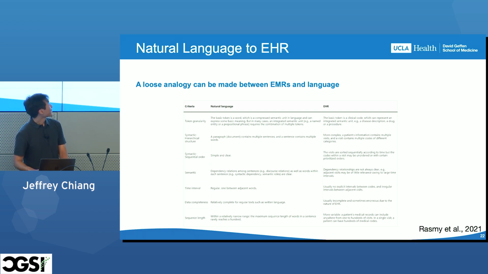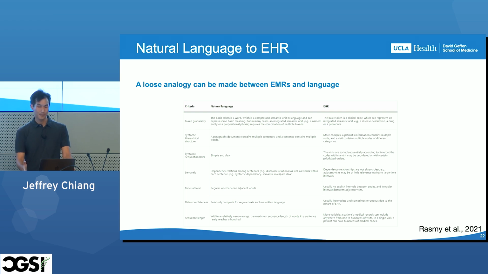Okay, so why go through this? Well, a loose analogy can be made between electronic health records and language. Typically, the corpora which we use to train these language models are made up of documents of text, which are composed of paragraphs, which are composed of sentences, and then ultimately words and maybe subwords, depending on what kind of model you're using.